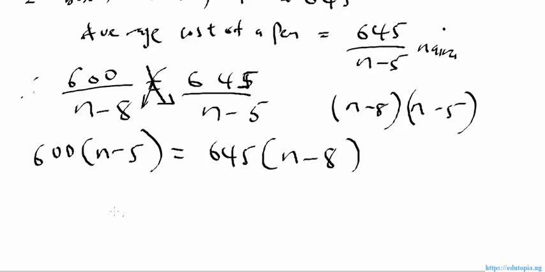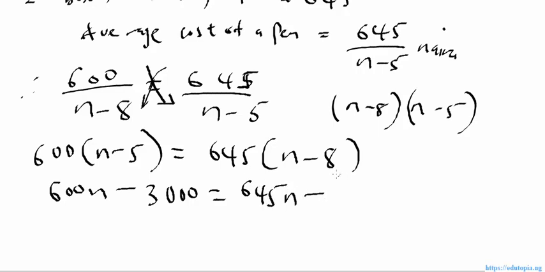Now we'll clear the brackets, and we'll have 600N minus 5 times 600 will give you 3000, and 645 multiplied by N will give you 645N minus 645 times 8 will give you 5160. Now the next thing we do is to collect like terms.